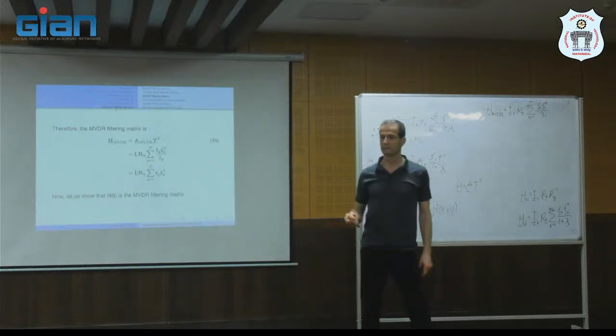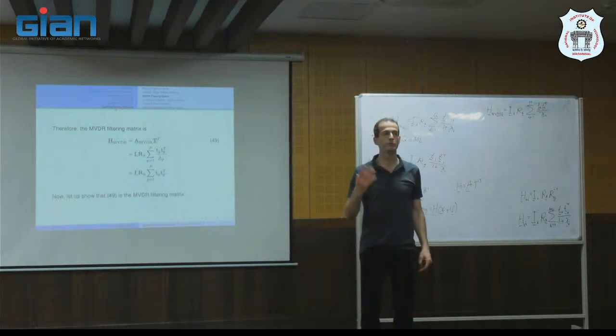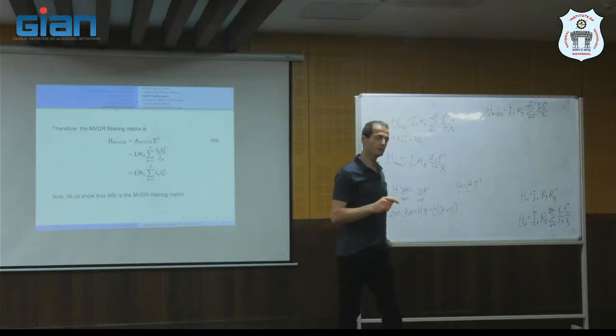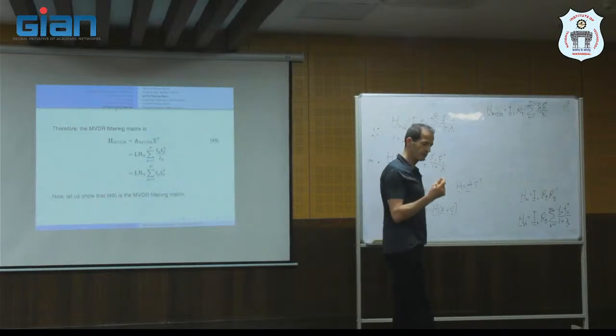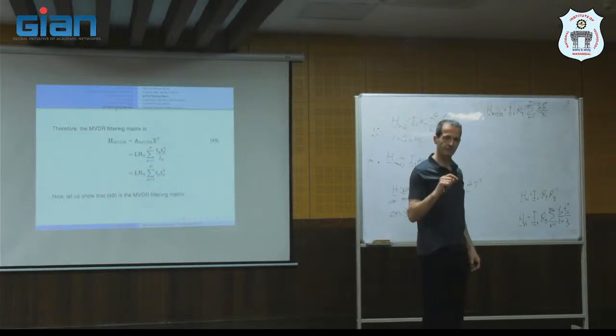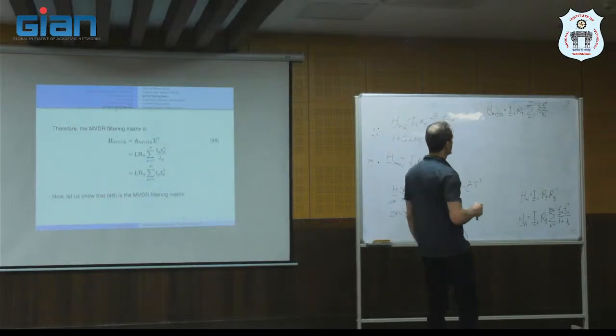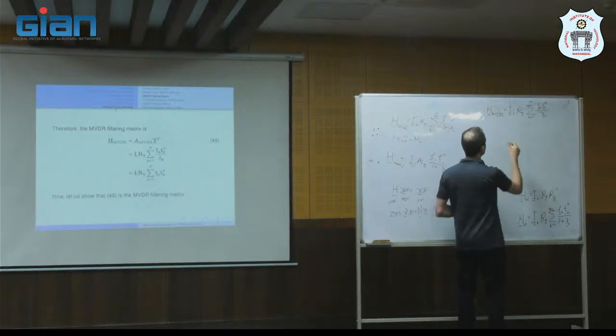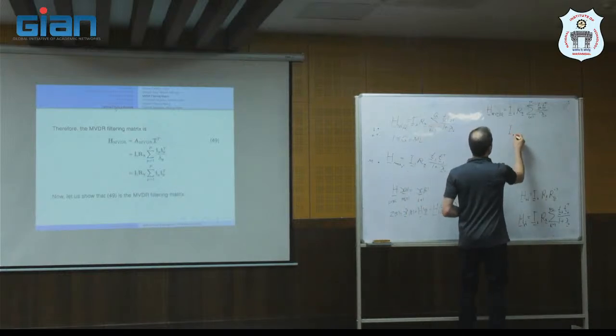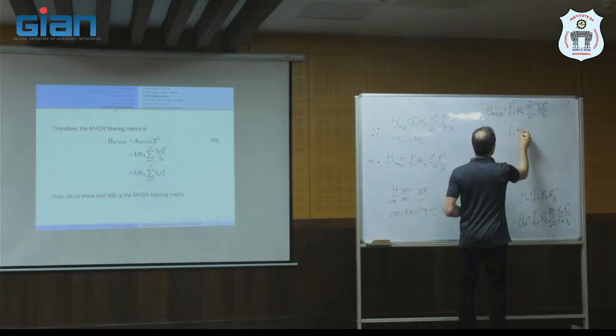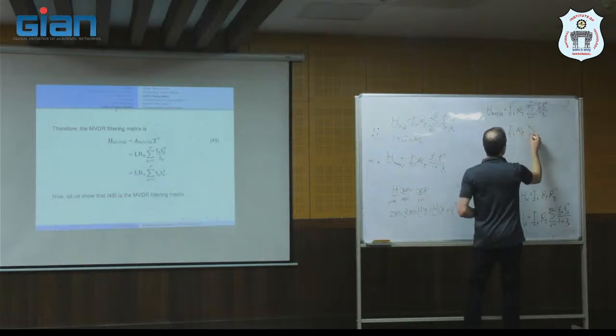What will they create if I remove them? So if I want to remove some amount of noise with the least amount of distortion, I will take this summation from i equals 1 to P prime, and P prime can be smaller than P.